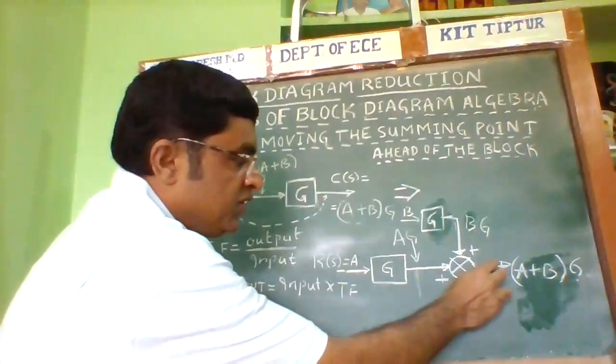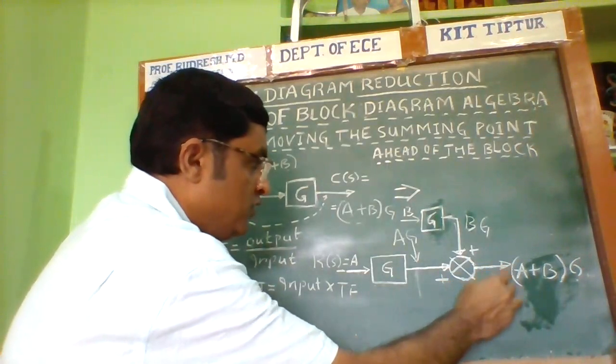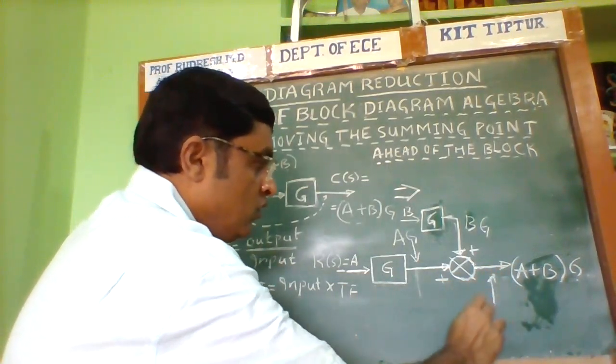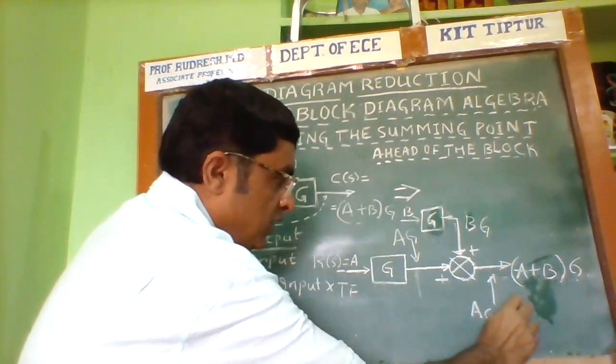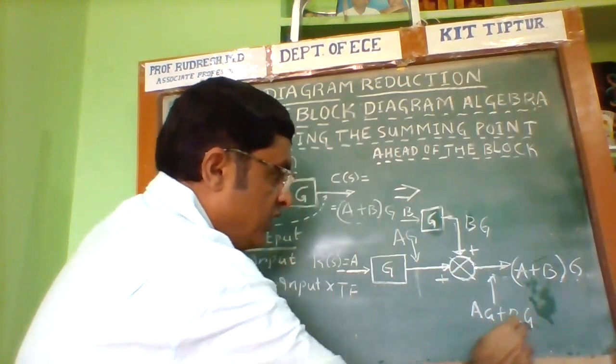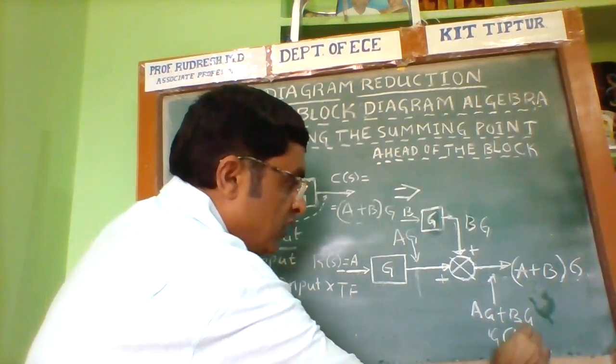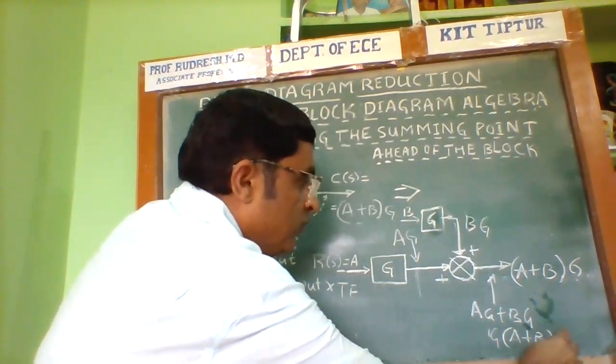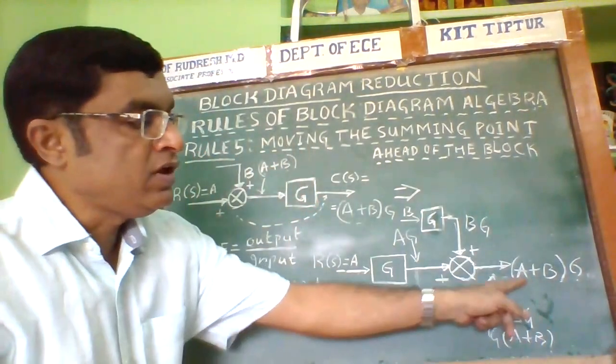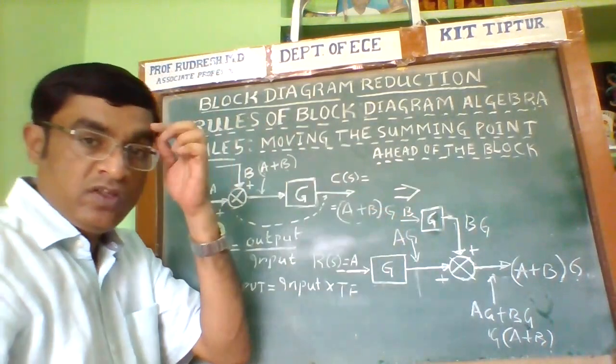Now what is the output of this here? Therefore the output is equal to AG plus BG. If I take the G outside, then it is (A plus B) into G. Now this is the same answer.